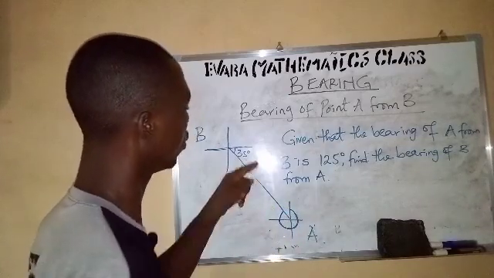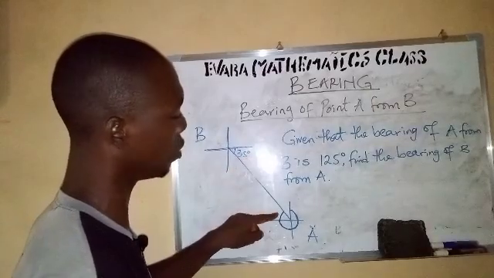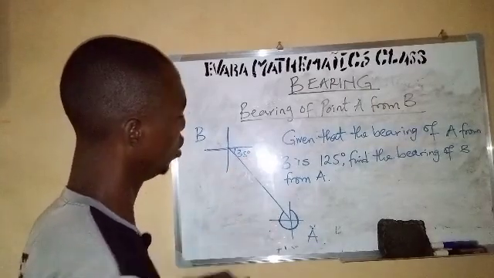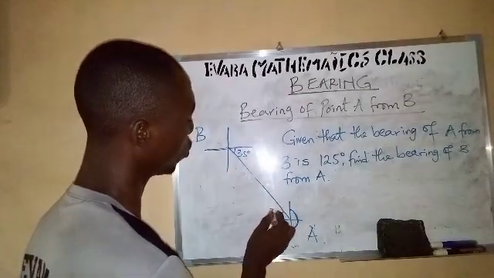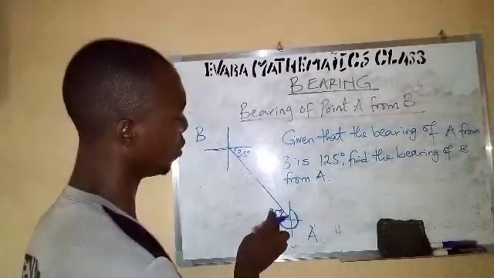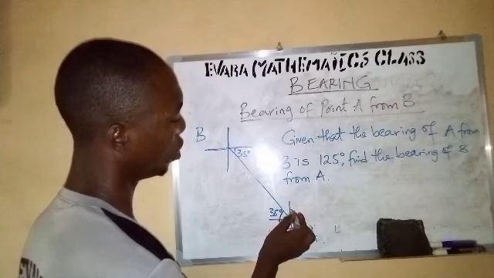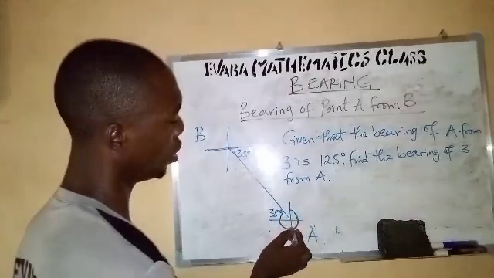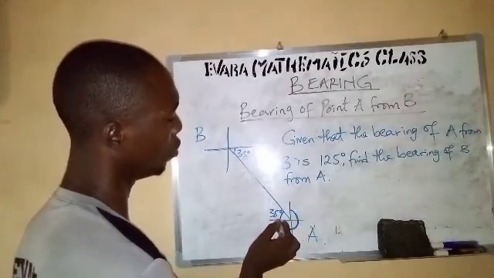But we can see that this angle is alternate to this. So that means this angle is also 35 degrees. So if here is 35 degrees, this is 90 degrees, 180 degrees, 270 degrees.